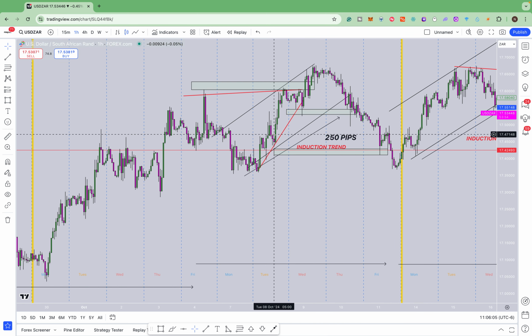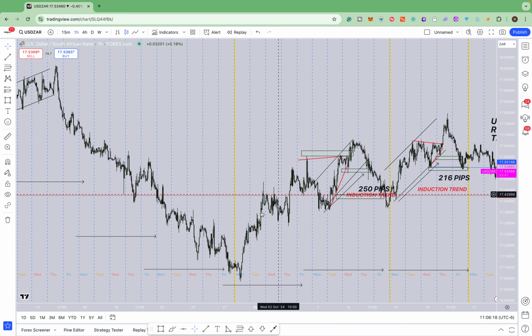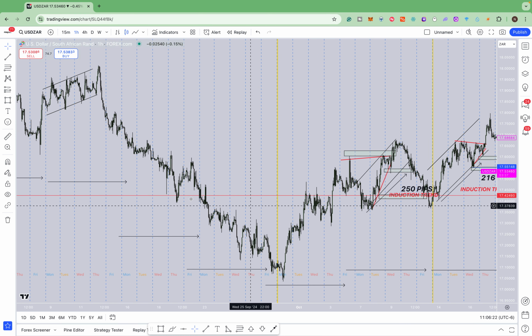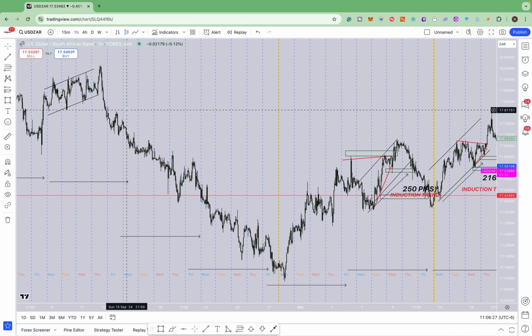Okay? So here we have 2 consecutive weeks, 200 plus pips each. And then we have 1, 2, 3 weeks where we didn't actually have a very good setup. We didn't have that perfect signature trade and the induction trend that we're looking for.